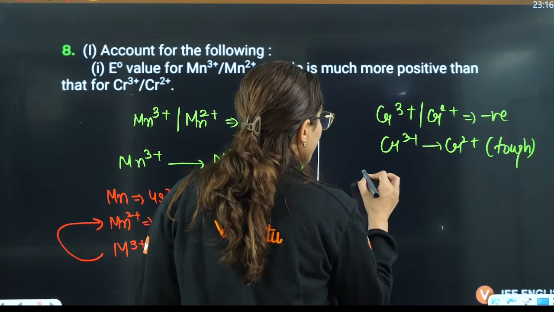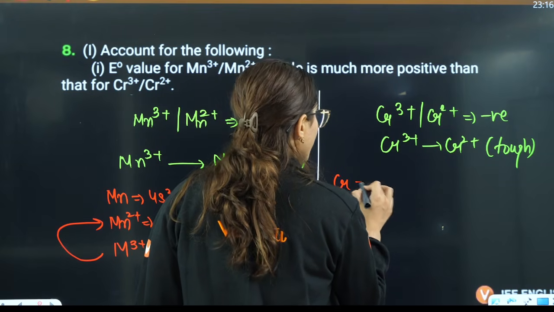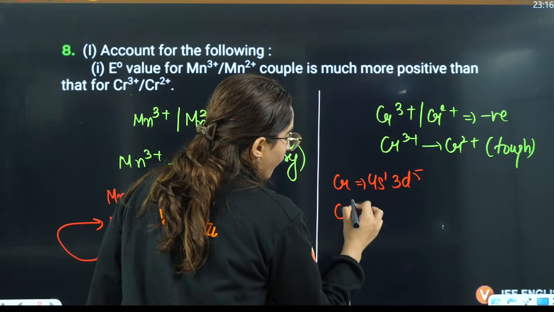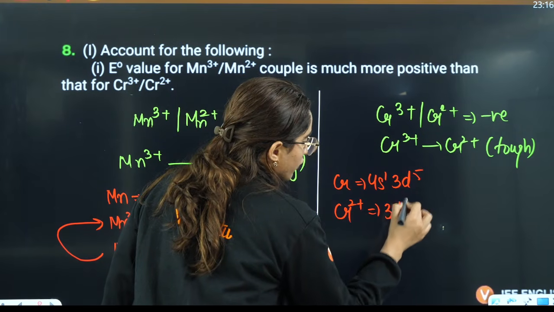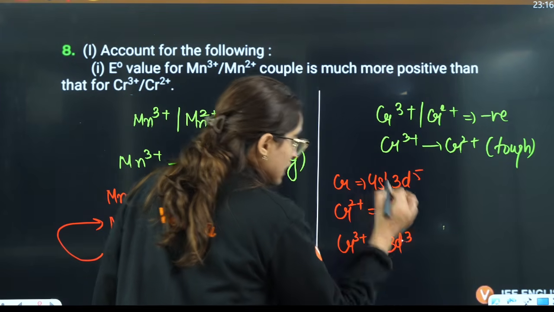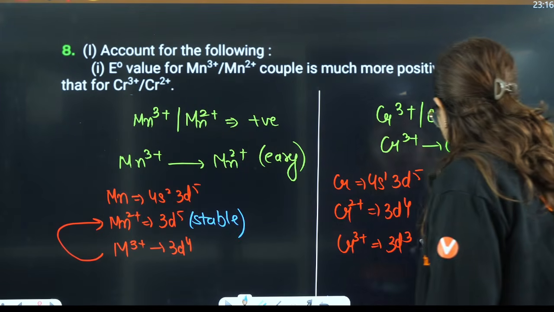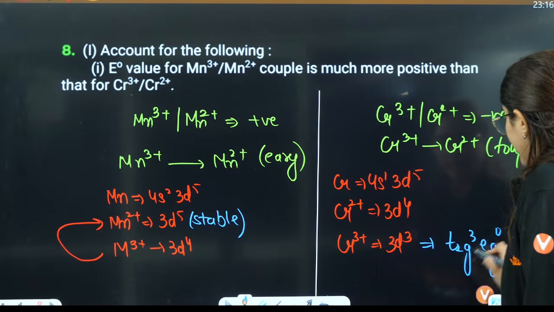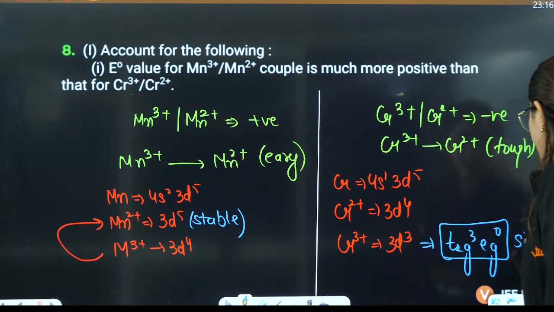Chromium is 4s1 3d5. Chromium 2 positive is 3d4, and chromium 3 positive is 3d3, which is actually t2g3 eg0, a very stable state.